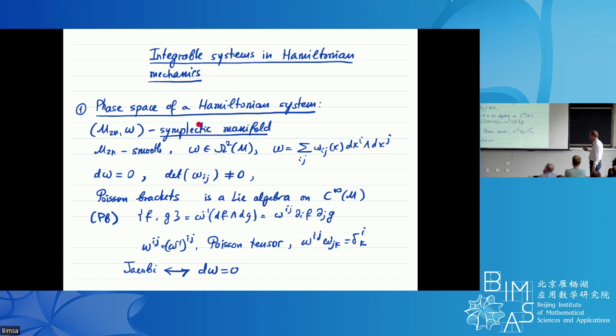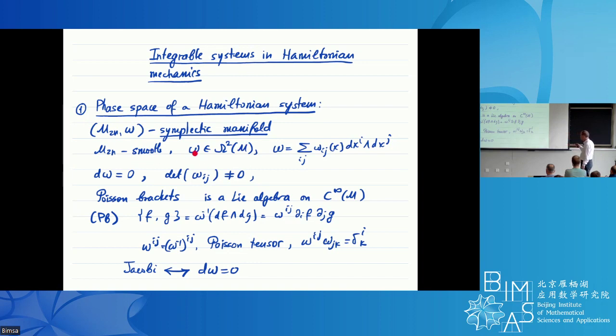So first, let's fix notations. The phase space of a Hamiltonian system is a symplectic manifold, let's say 2n-dimensional. A symplectic manifold is a smooth manifold with a two-form attached to it.